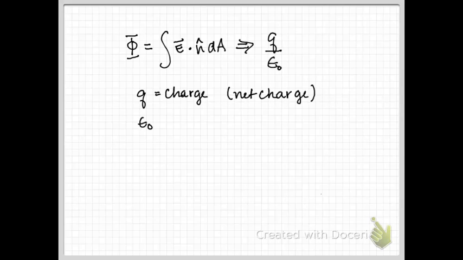Epsilon naught is the constant permittivity of free space, 8.9 times 10 to the negative 12 Coulomb squared per Newton meter squared.